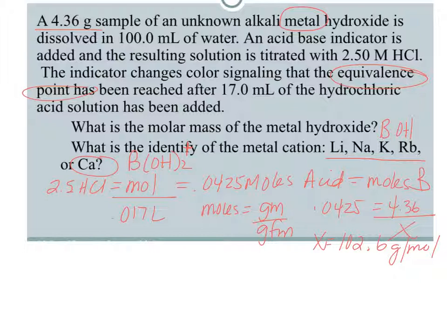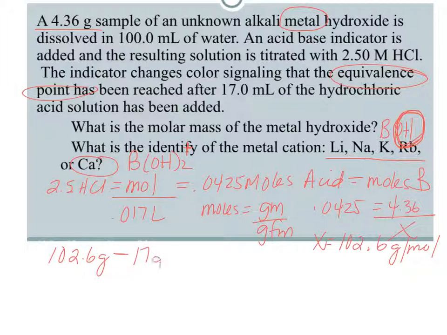So let's start and figure out what we're dealing with here. We have 102.6 grams per mole. If we subtract the hydroxide portion from the molecular weight, that will give us the mass of the cation. So we know that oxygen is approximately 16, and hydrogen is 1, so hydroxide is 17.